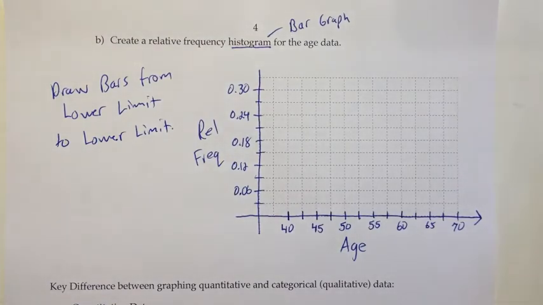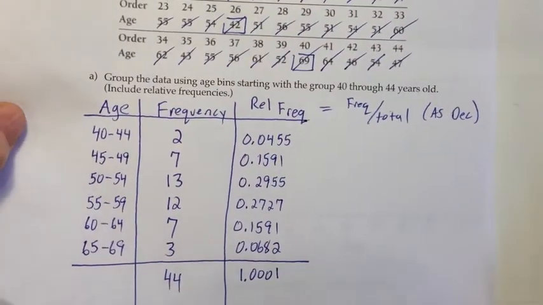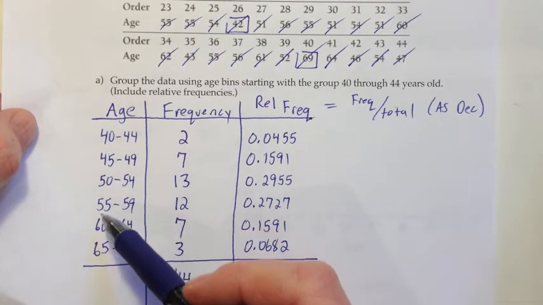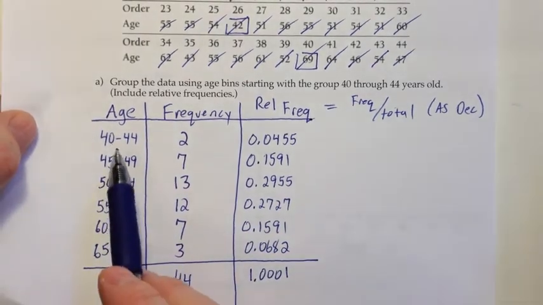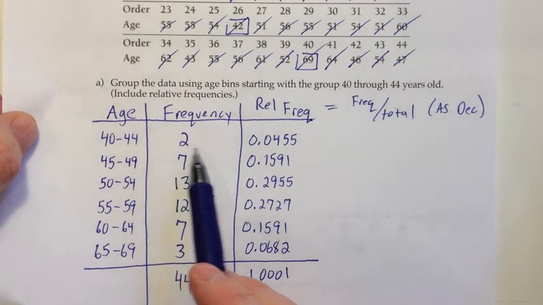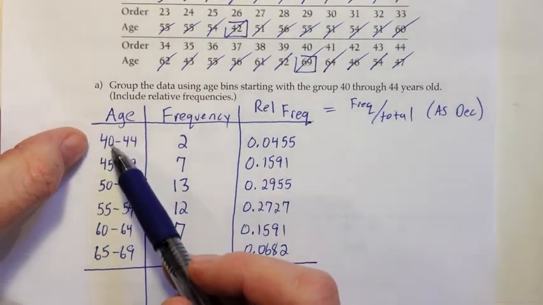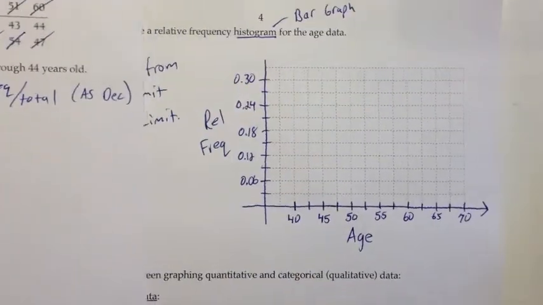But the lower limits or lower boundaries or even lower cut points of my classes are these left sides, 40, 45, 50, 55, 60, and so on. So when I draw this first bar that has a relative frequency of 0.0455, I'm going to draw it from 40 to 45.